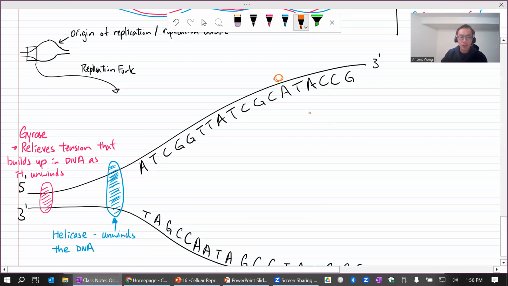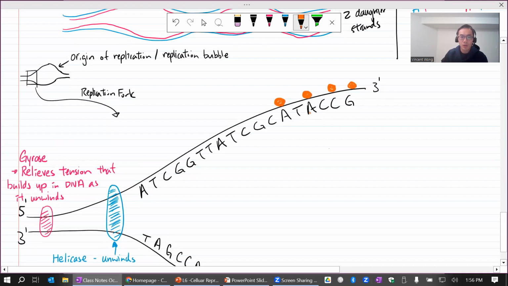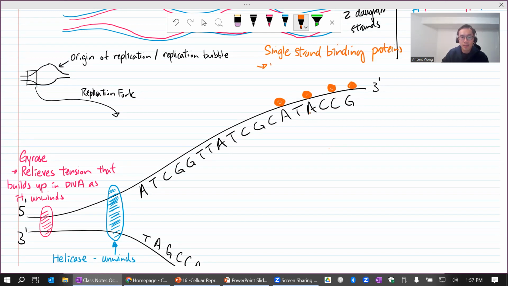We are going to have these special proteins, these little orange gumballs. You're going to put them on both sides. We're not going to let them come back together. These are called single strand binding protein. Their job is to keep the DNA separate.